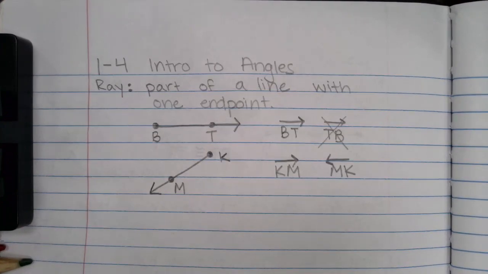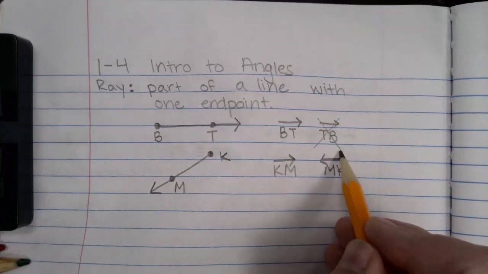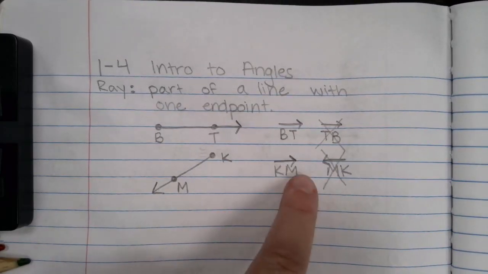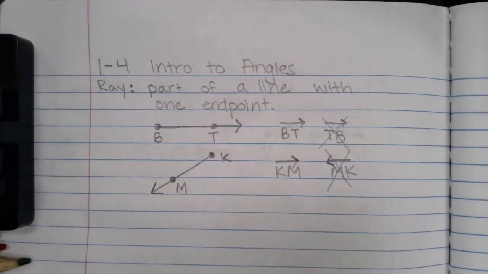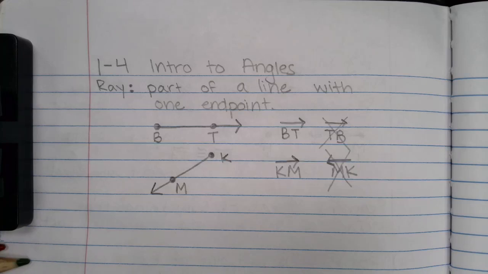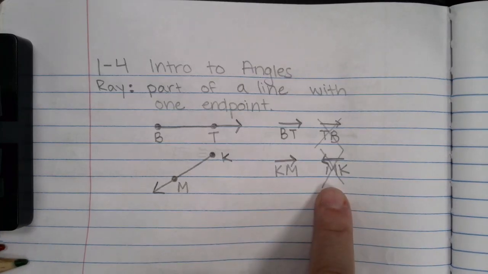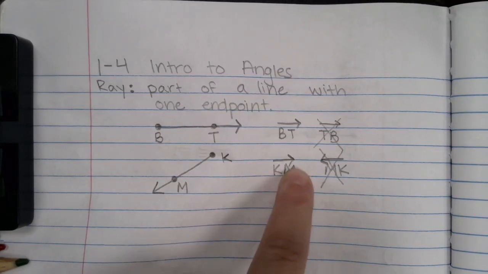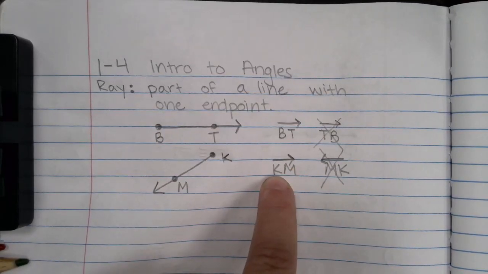That's insane. It's too much. So when we do rays, we only use our arrow going left to right. We don't go backwards, only left to right. So if you need to make that mark, just remind yourself, we don't do it that way. We only go left to right, and then our beginning point and where it goes through.